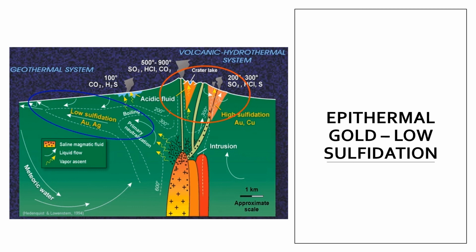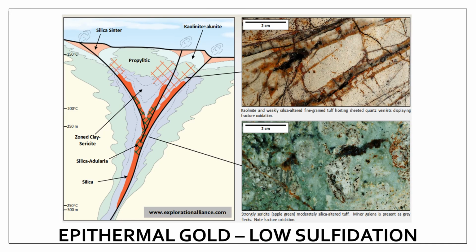And your expected deposits here are gold and silver. Okay, so as before, it involves different clay alterations like propylitic alterations, and you also have your kaolinite and alunite. You also have cerussite, silica, adularia.